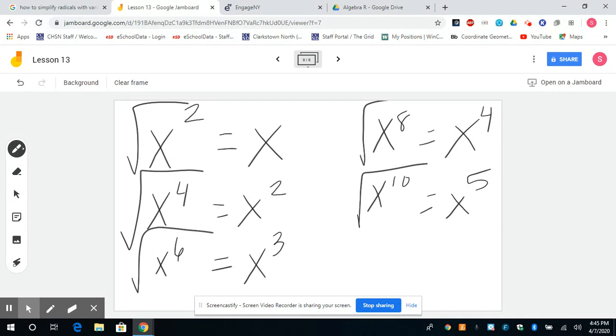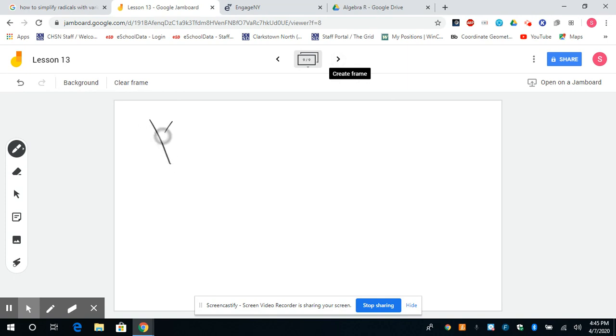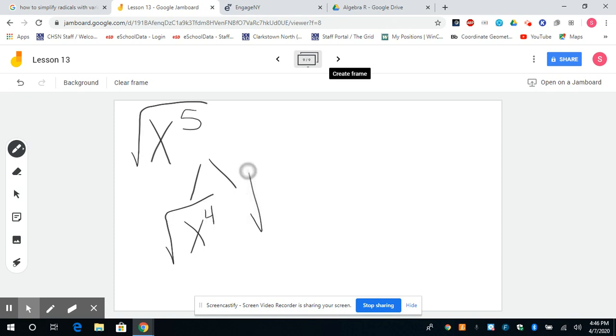Okay, so I would have that in your notebook as well as a reference key. So if you had something that was x to the 5th, and you want to take the square root of it, you want to break this down into basically the one less than it. So 1 less than x to the fifth is x to the fourth, which means this has to be x to the first, or just x.